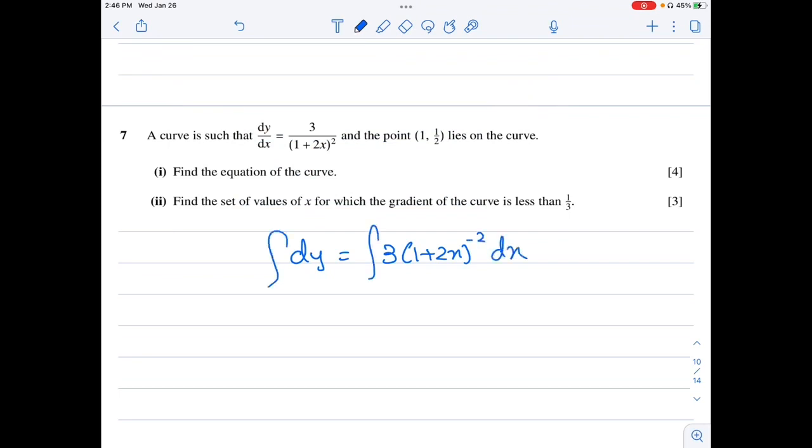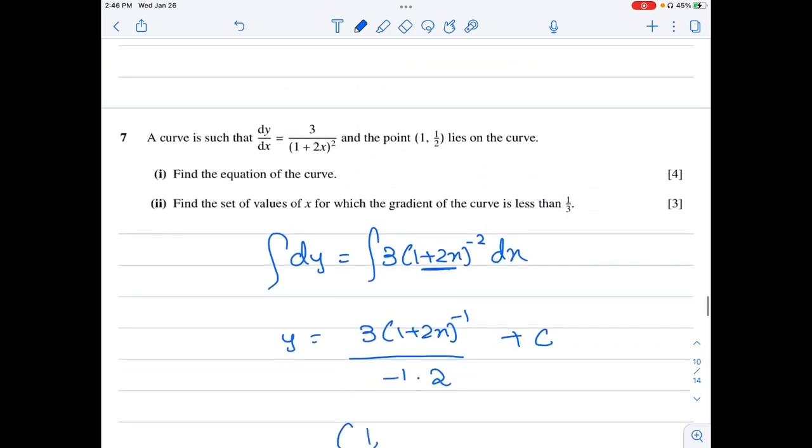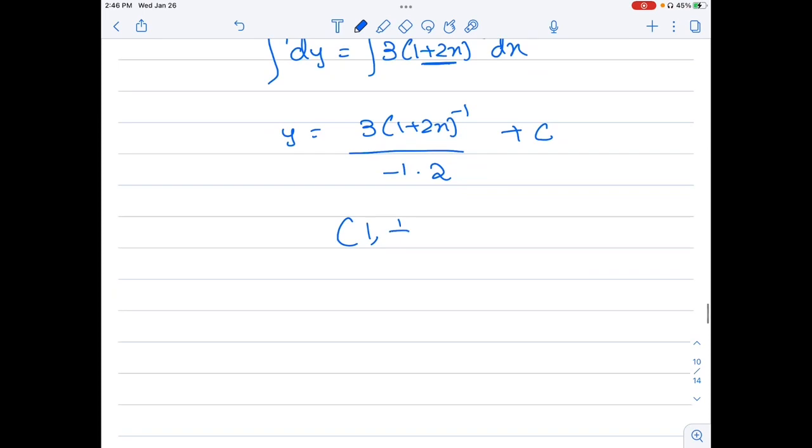Do the integration. So y is equal to 3 times 1 plus 2x whole to the power of minus 1 upon minus 1 times 2. Don't forget to write times 2, plus c. From where did I get times 2? Derivative of 1 plus 2x. But it passes through 1 comma 1 upon 2.